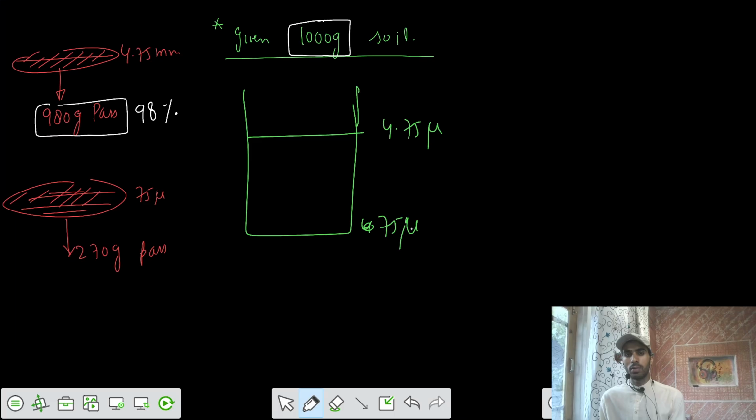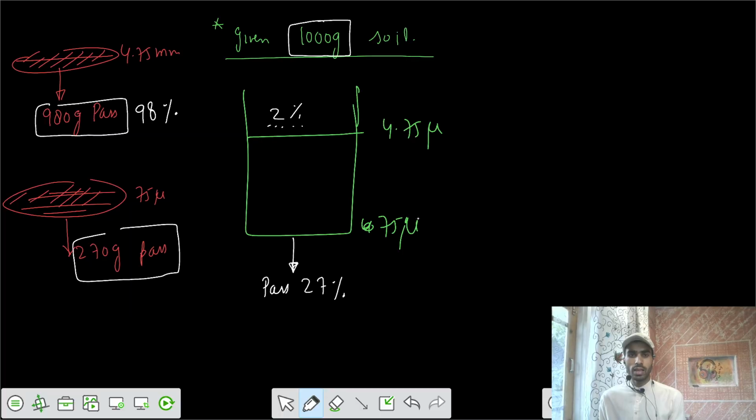That means 2% has been retained on the 4.75 mm sieve. And if 270 grams of the 1000 grams is passing the 75 micron sieve, the percentage passing is 27%.